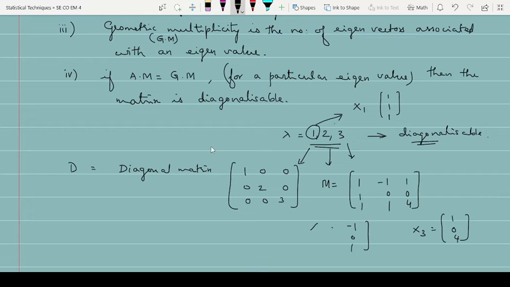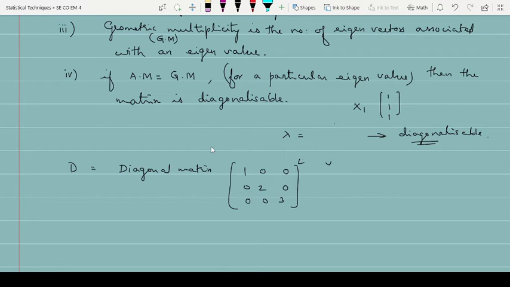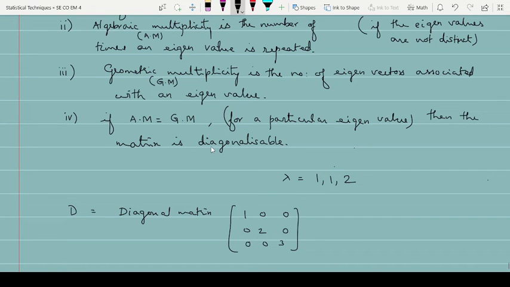Now if the values are repeating, suppose the eigenvalues we are getting are repeated values, like 1, 1 and 2.